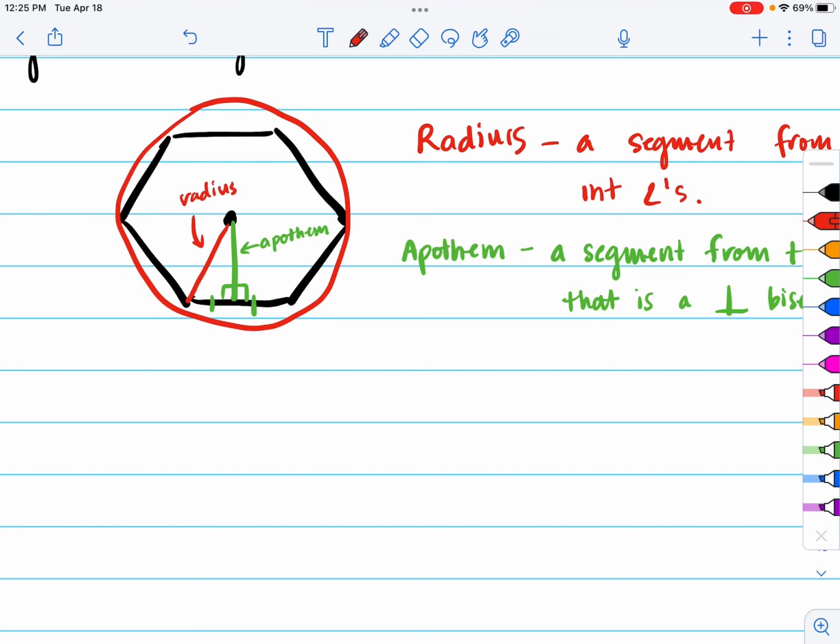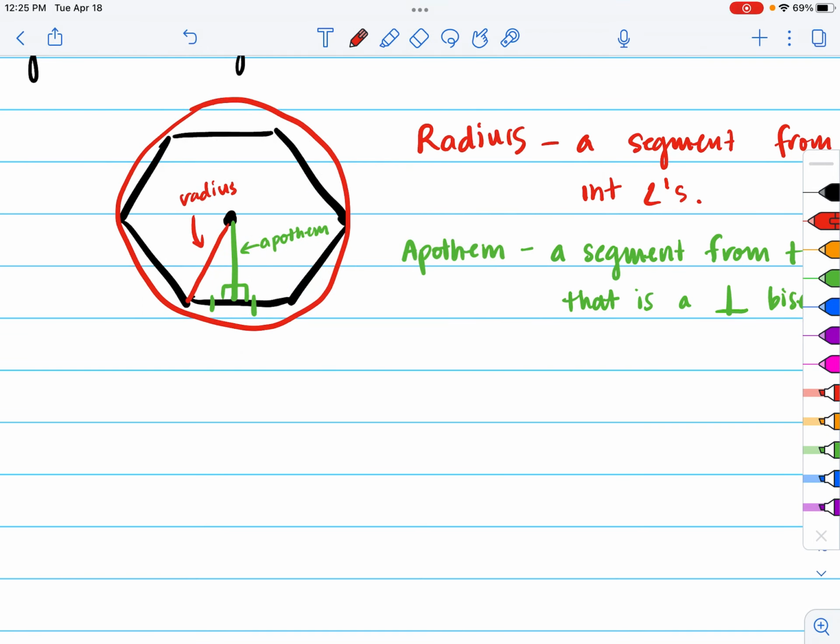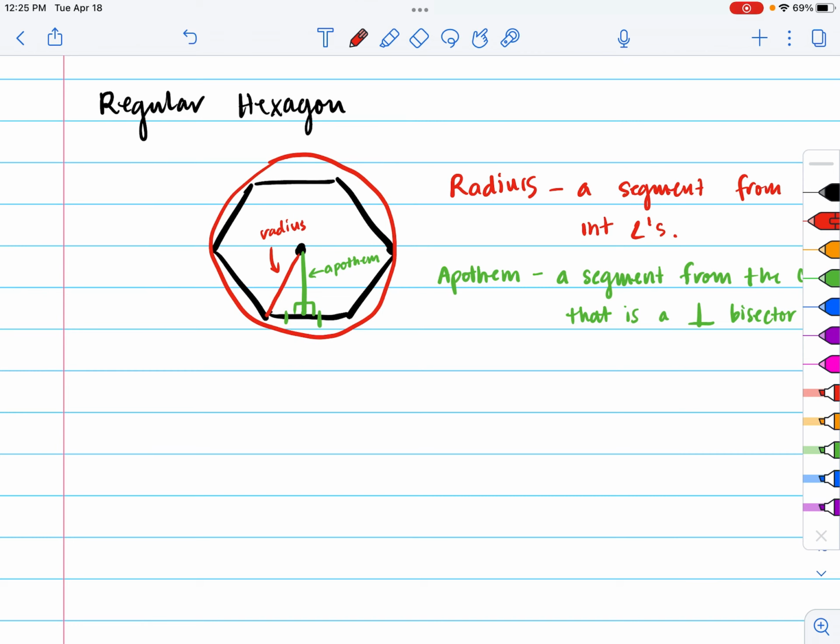Every regular polygon is different, okay? But here's where the equation kicks in. A regular polygon, no matter what it is, so the area, go back to black.